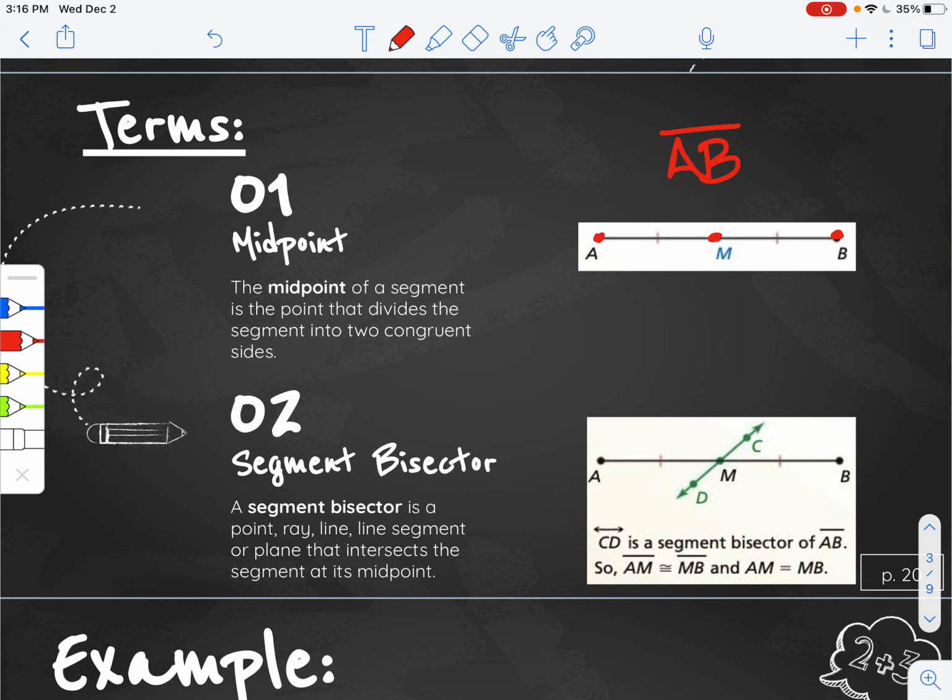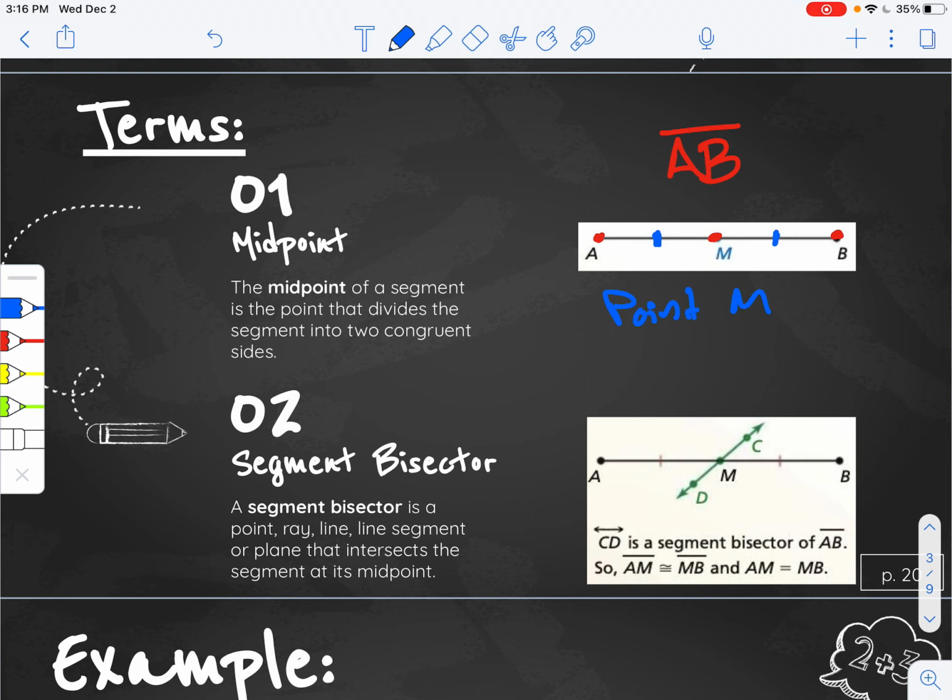The midpoint, you can see point M divides it into two equal sides, and we know that for sure because it has one tick mark on each half. So that tick mark means that this side here is the same as this side here. So the midpoint, point M, is the midpoint that divides that segment. So a pretty straightforward definition there.